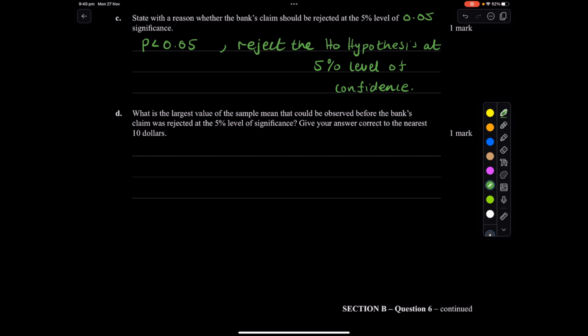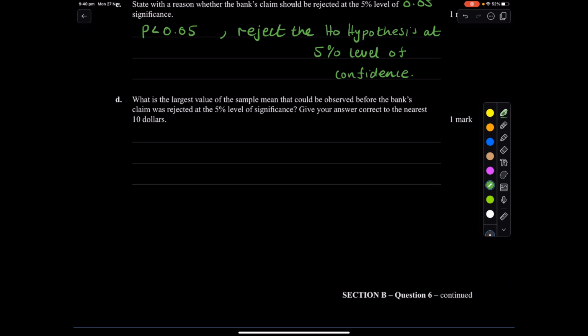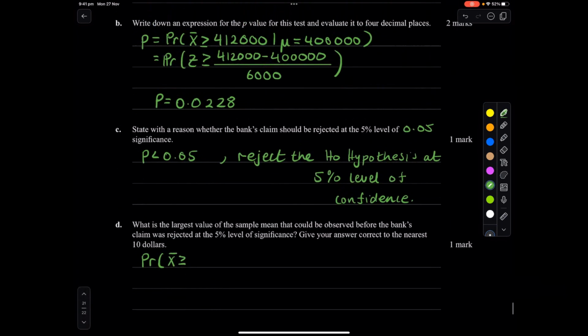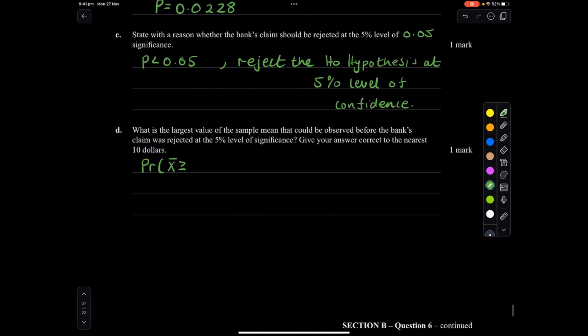So we're saying, what is the probability that x, we don't know what our actual sample mean is, so we call it x bar, is greater or equal to our x bar?